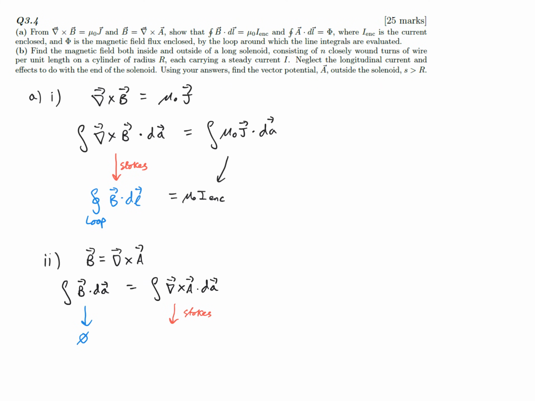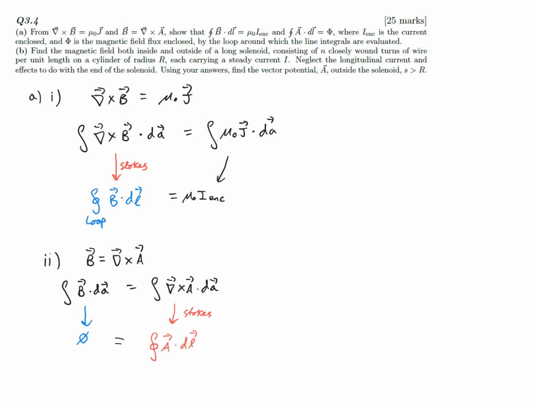And Stokes' theorem tells us that I can relate this area integral of the curl to the line integral over a closed loop bounding whatever area we started with, and those two expressions are supposed to be equal, and of course that's what we had in the question. We're asked to prove that the line integral of the vector potential around a closed loop is the magnetic flux, and again that's what we've shown.